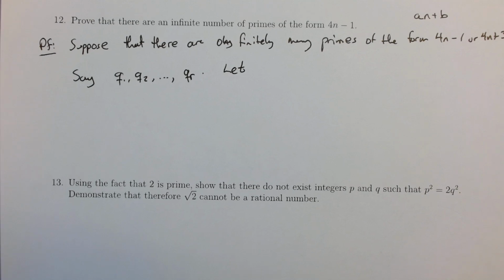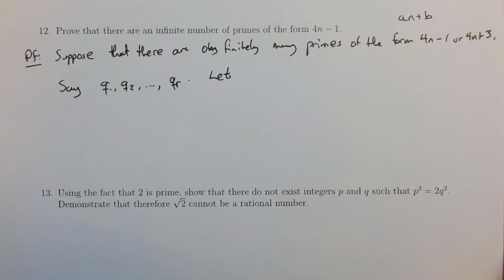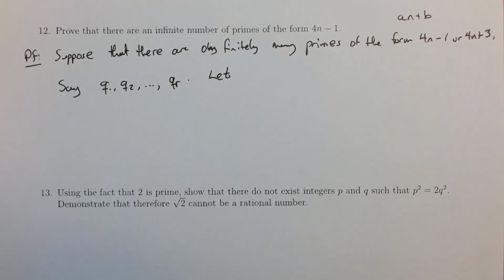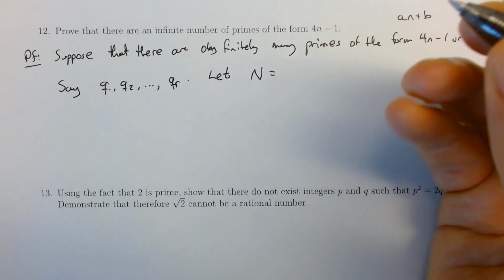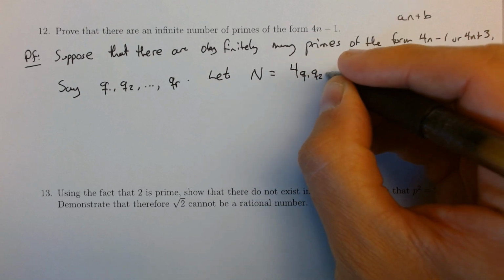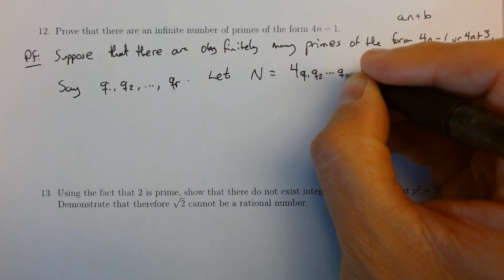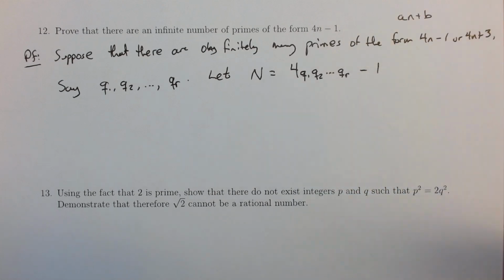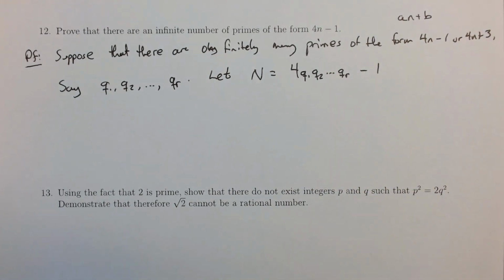Now, if you remember Euclid's argument for just having an infinite number of primes, if you had only finitely many primes, you'd multiply them all together and subtract 1, and then that presents some problems. So we do a similar thing here. We're going to let n be 4 times the product of all these primes of this form, and then subtract 1 from that.